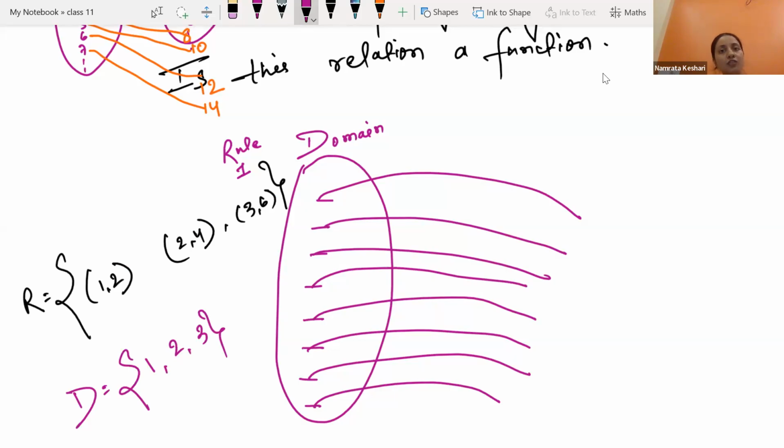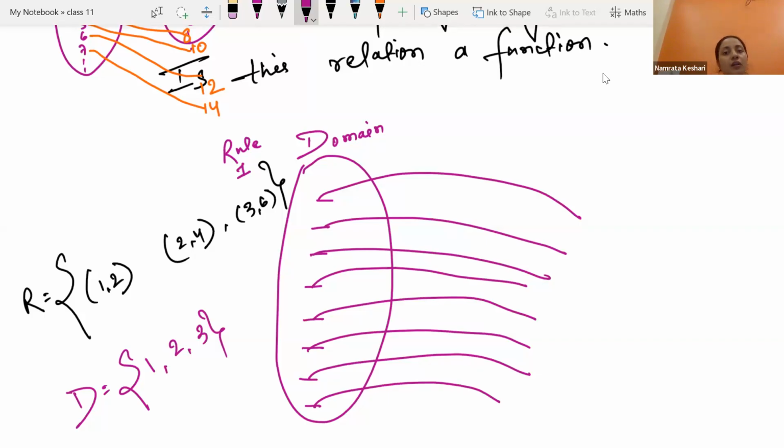The same domain, range and codomain exist in a function as well. While checking whether the given relation is a function or not, we will also be talking about what the domain, range and codomain are. When a relation is a function, the domain will be completely the first set. Why? Because in the first set each and every element is connected with an arrow, is having the image, is generating the output.